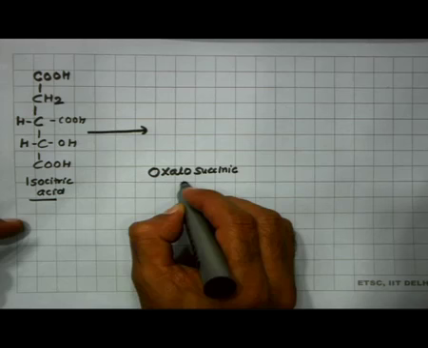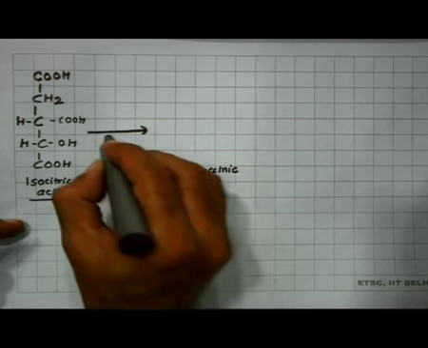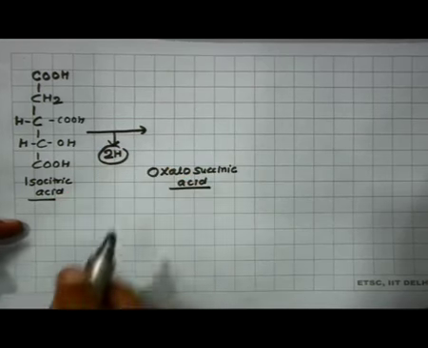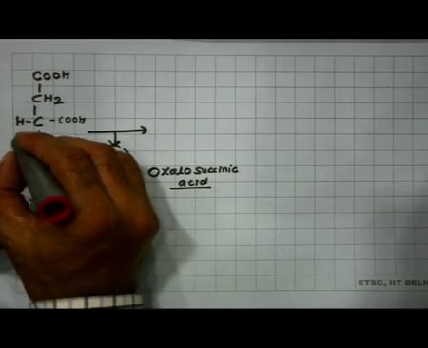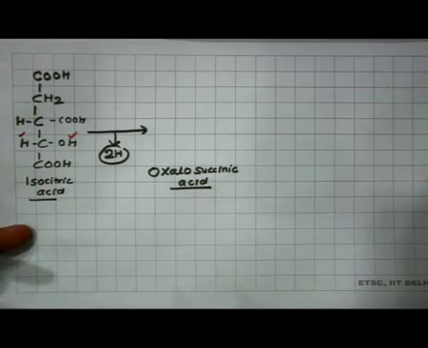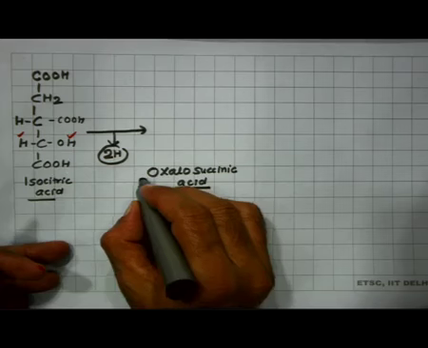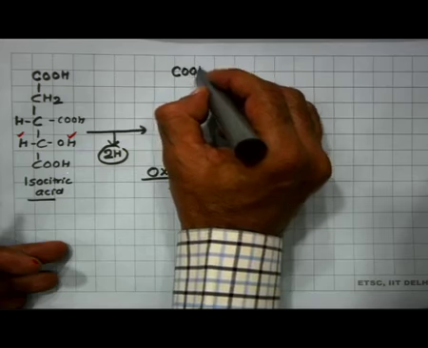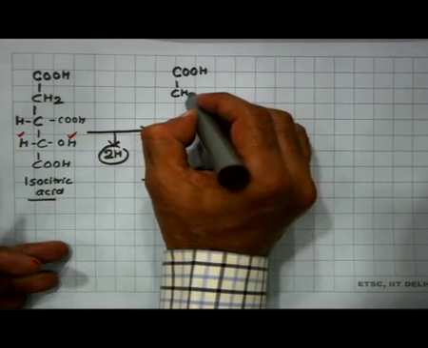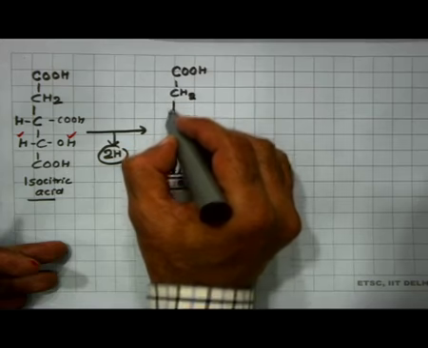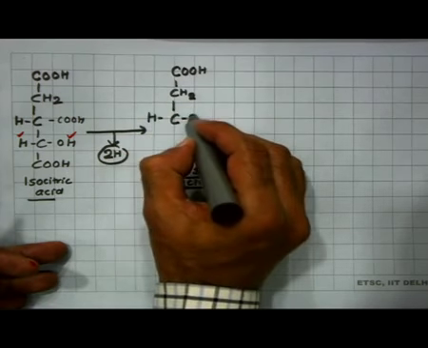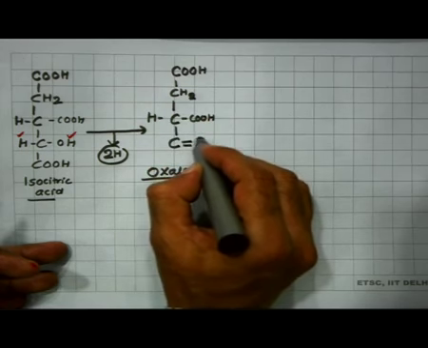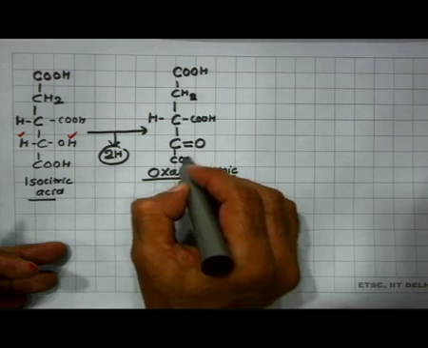As we have discussed, here is the removal of 2 hydrogen. These 2 hydrogen are removed from this carbon. So, you can easily write the formula of oxalosuccinic acid: COOH, CH2, CH, COOH, C, you know that oxygen has a double bond, COOH.